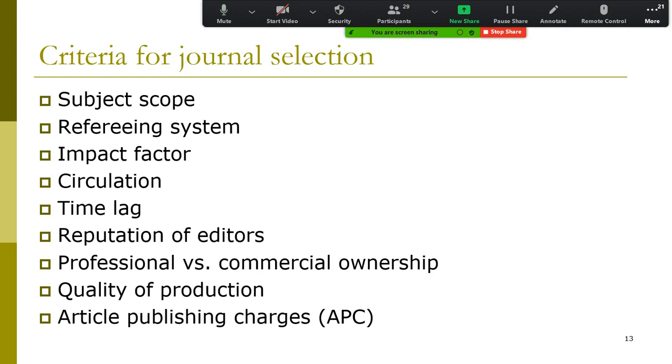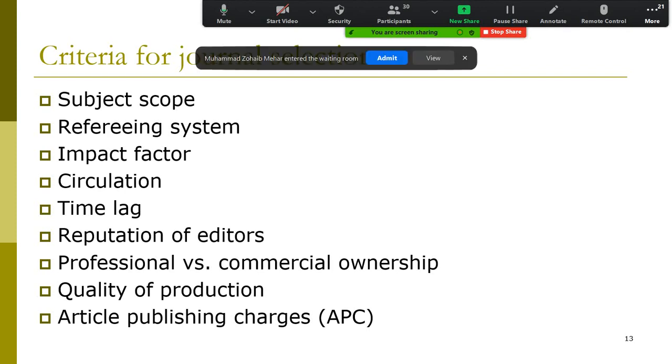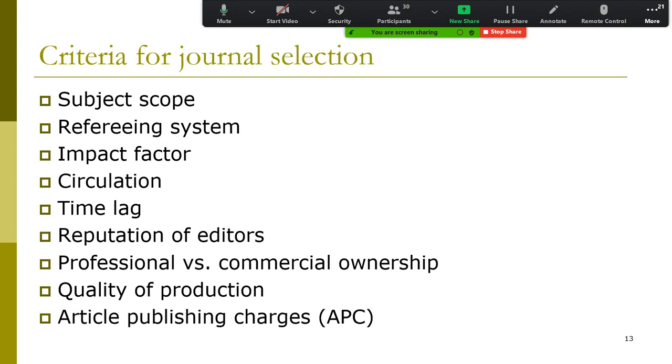And similarly, some professional organizations have very good repute in that field or that subject area. You should also consider the quality of production of that journal. So some journals are good in quality of production, and the others are not.